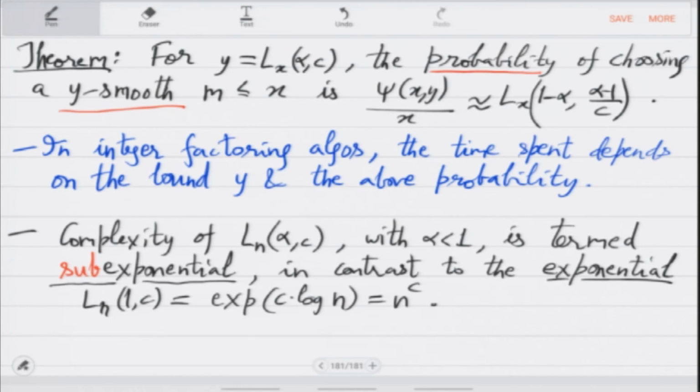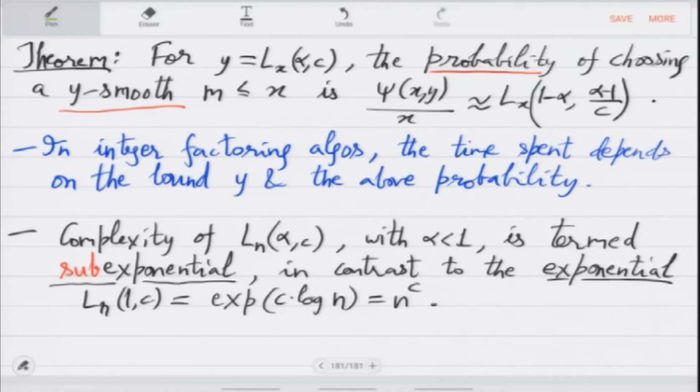So n to the c for any constant c, no matter how small the constant c is, this is a very slow algorithm because n will be huge in value. That is clearly exponential time, and if you can reduce alpha below 1, then in the literature it is called sub-exponential.